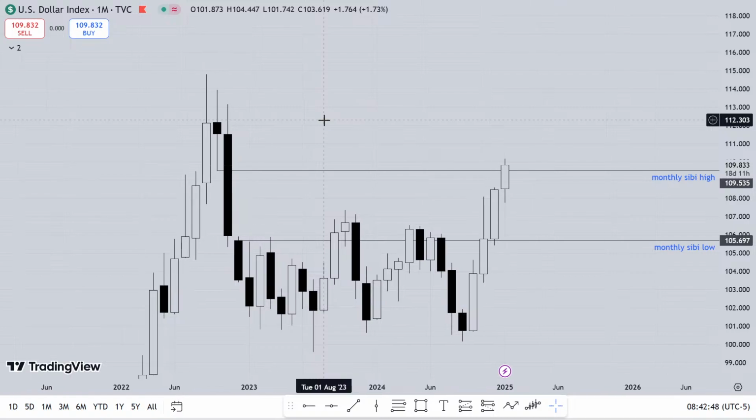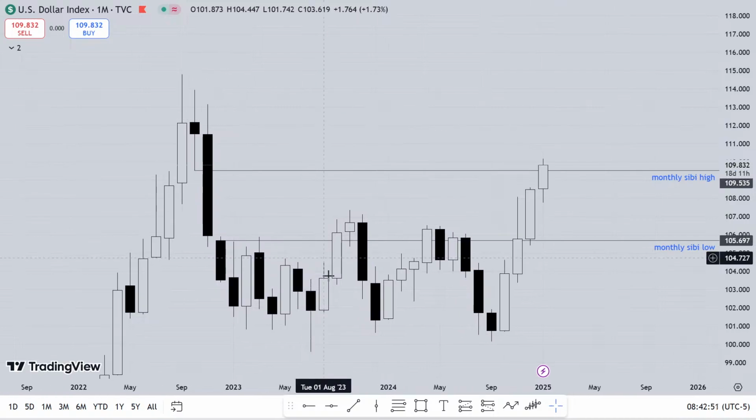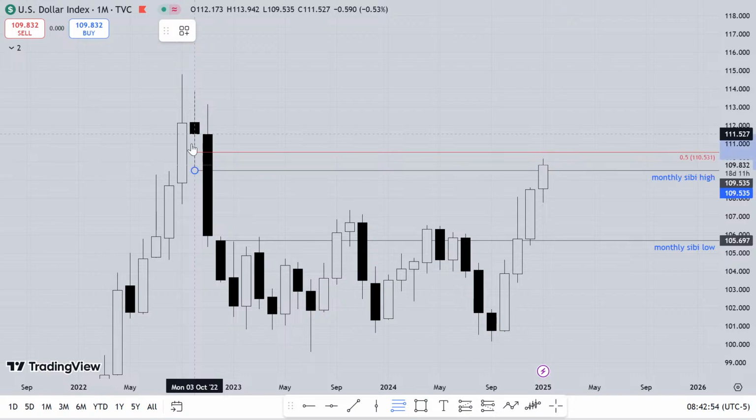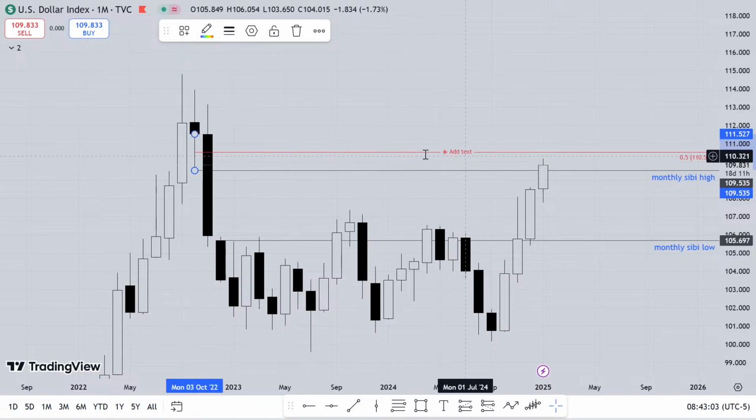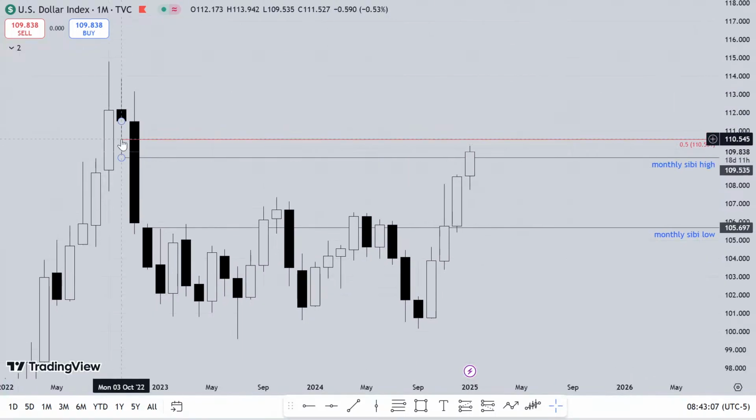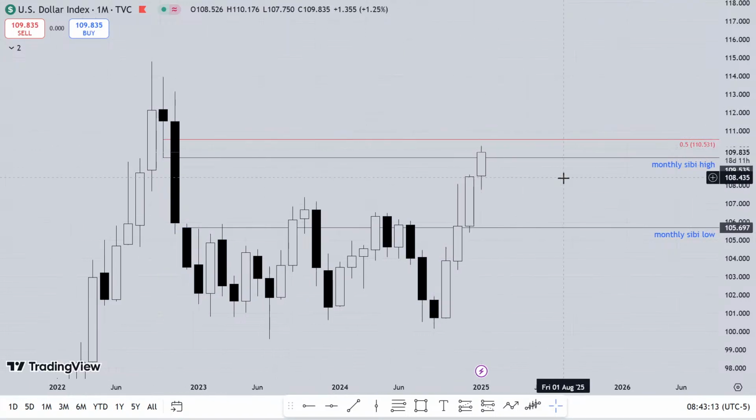The algorithm sees wicks as imbalances also. So you look for the midpoint of it, from the low to the close of this candle. Then the midpoint of it is consequent encroachment. So it's a premium wick consequent encroachment because it is above the current market price.